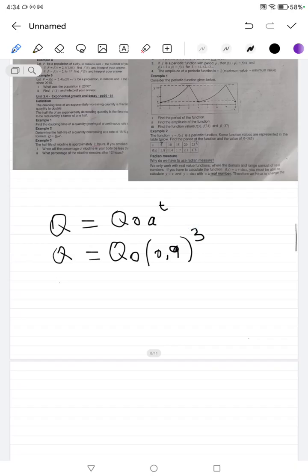So now what do you have? You have Q equals Q0 times 0.9 to the exponent 3.